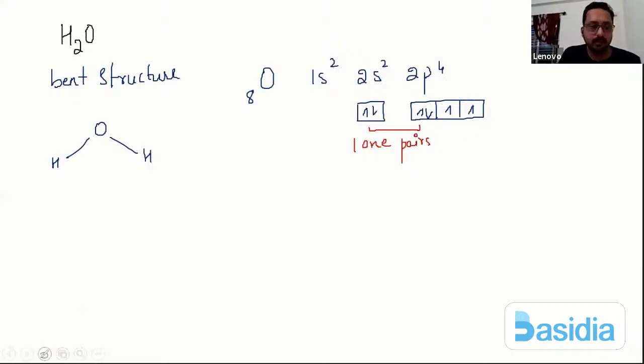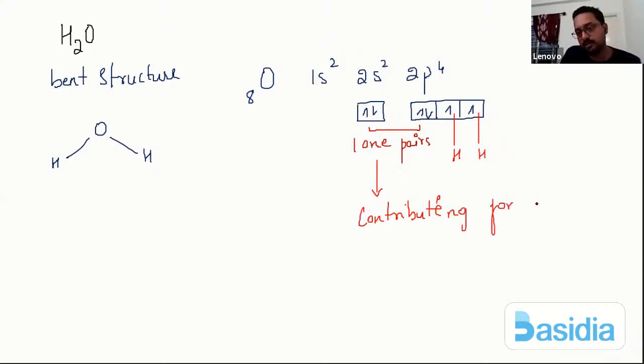Now, if we observe how exactly the bonding takes place, one hydrogen is linked over here, another hydrogen is linked over here. As we have already studied, lone pairs are contributing for a stable structure.